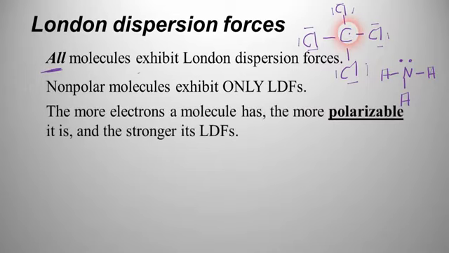Now, here's another important thing about London dispersion forces. The more electrons a molecule has, we say the more polarizable it is. And as a result, it's going to have stronger LDFs. In our previous example, we had neon, which has 10 electrons. Well, if we imagine an atom of helium, helium would only have 2 electrons.